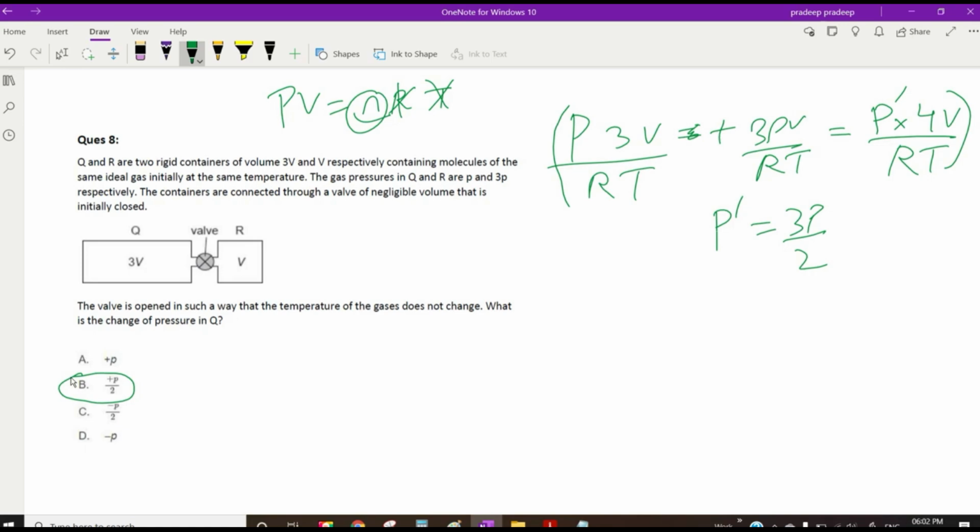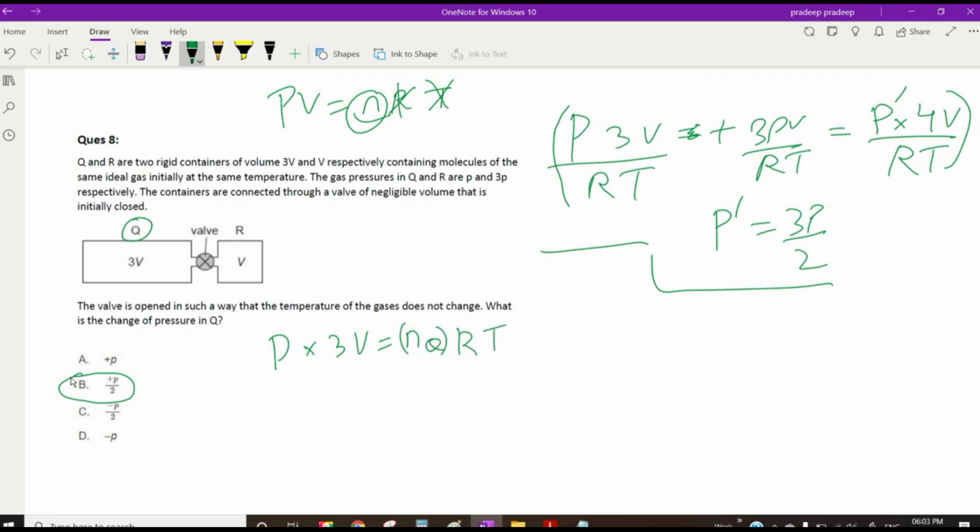But anyways, let's say you do not make that assumption. What Vaibhav has just said, let me reiterate with a small modification. PV is equal to nRT. If I take the gas in container Q, the pressure is P and the volume is 3V. Let's say the number of moles of this gas is nQ, and we take R and T. This is the first equation.